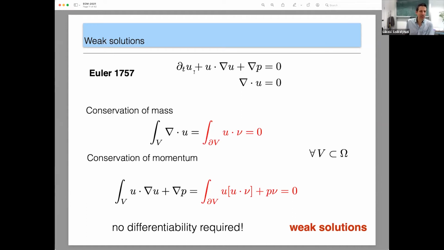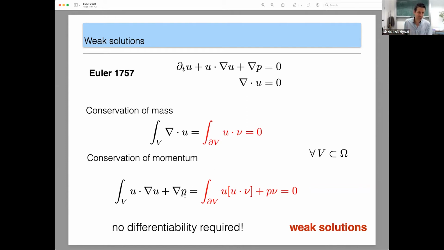Indeed, Euler, when he derived the Euler equations, which is almost the first PDE ever written down, derived it essentially by looking at little parcels of fluid volume, and by using Gauss' law, the conservation of mass amounts to just saying that through any subdomain of the fluid, the total mass going out and coming in equals 0. The total amount of fluid that goes out has to come in at a different point.